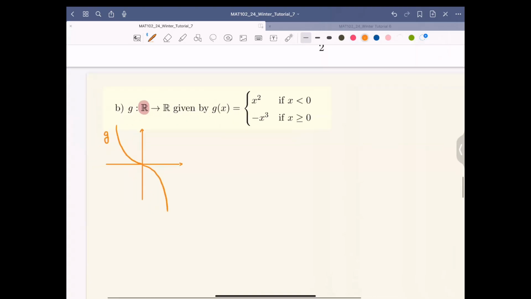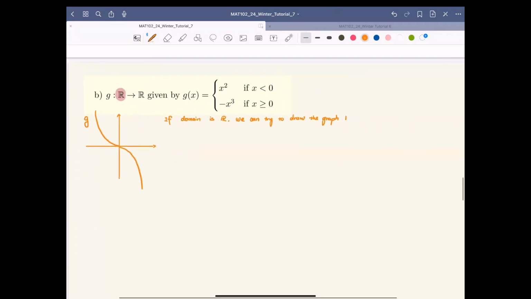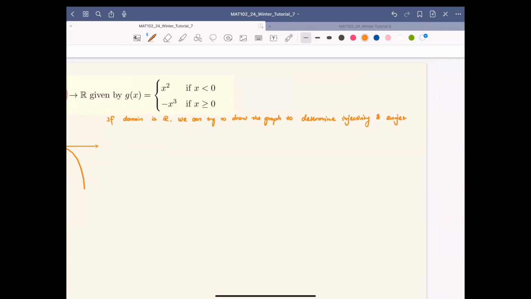Let me write it down, because if I don't write it down, people will not remember what I said. If our domain is the set of real numbers, we can try to draw the graph to determine injectivity and surjectivity.